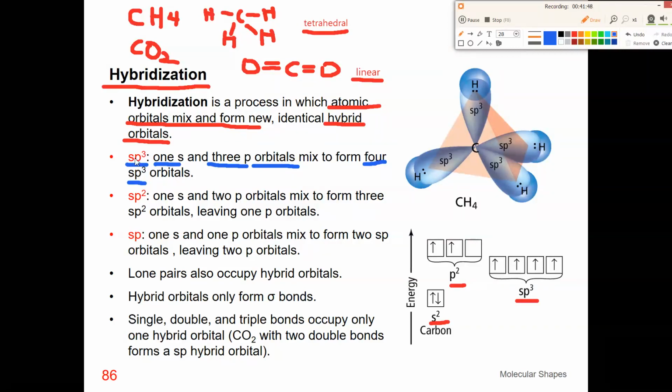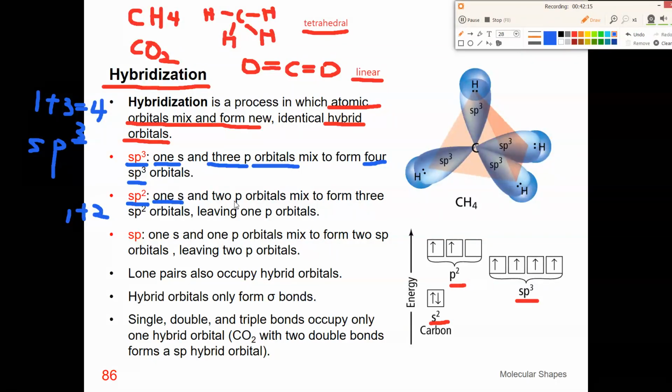So basically you can tell from sp3: s is one s orbital, p is 3. So 3 p orbitals, total is 4 orbitals. So sp3 has 4 orbitals. sp2 is 1 plus 2, because there are 2 p orbitals, from the superscript 2.